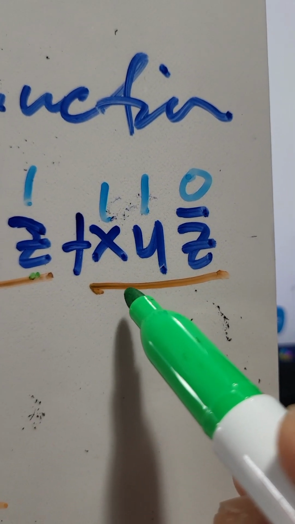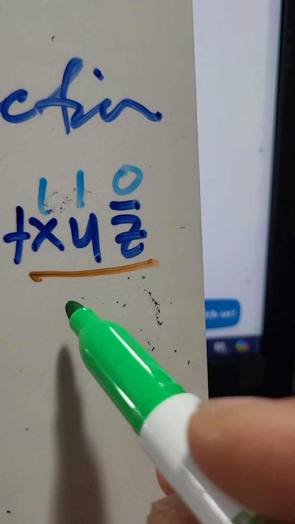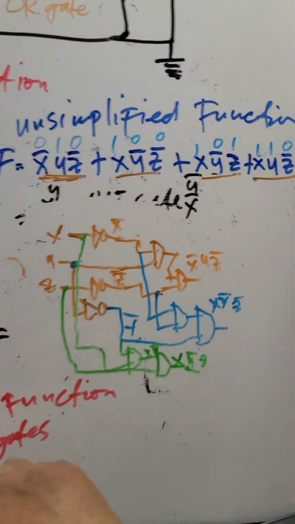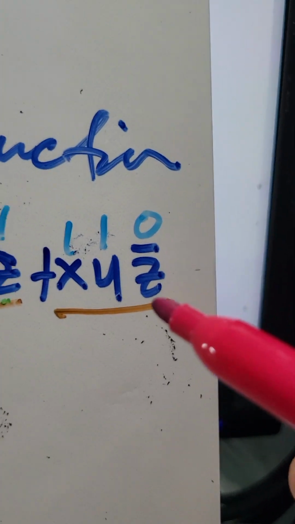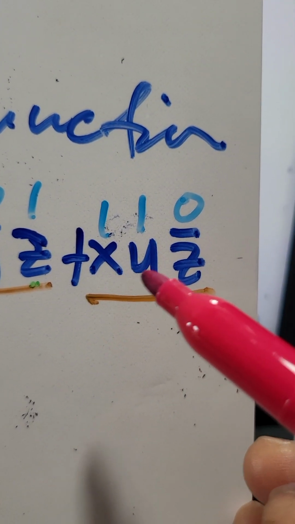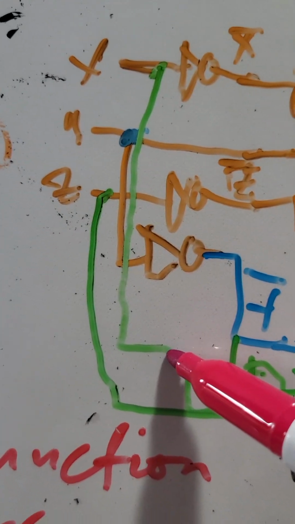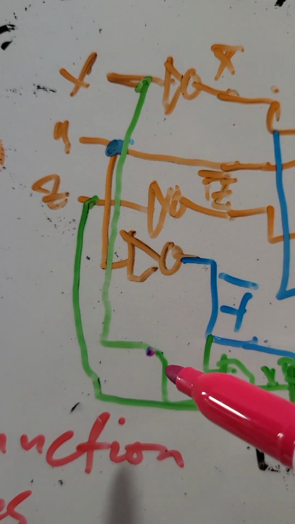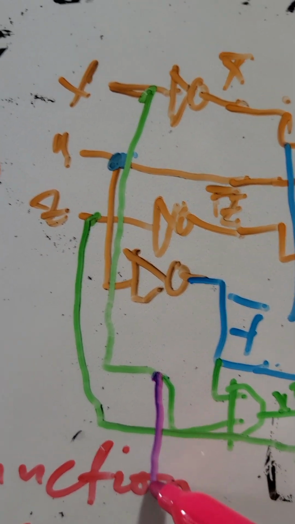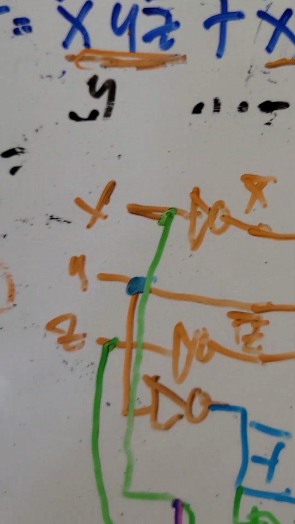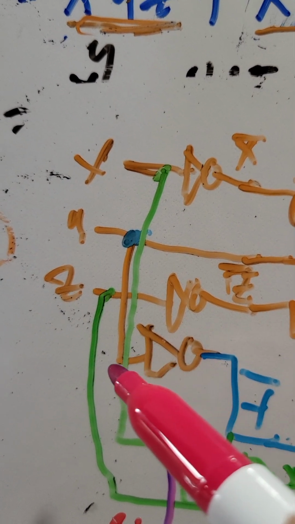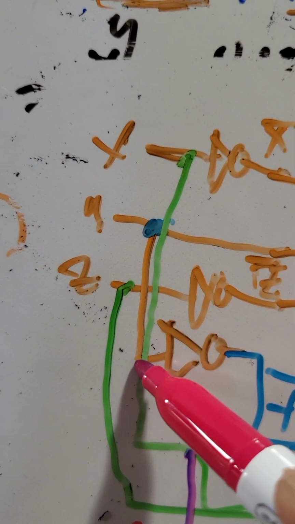The last, final term, is x y z bar. Another color. So x y z bar. Where's the x here? This is the x, from here. So you can tap here, x. Then y is here. You can tap here.